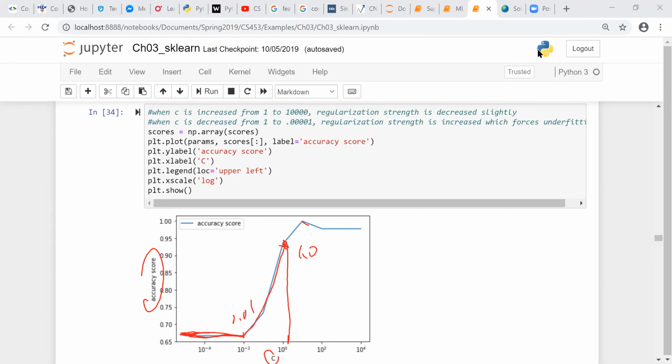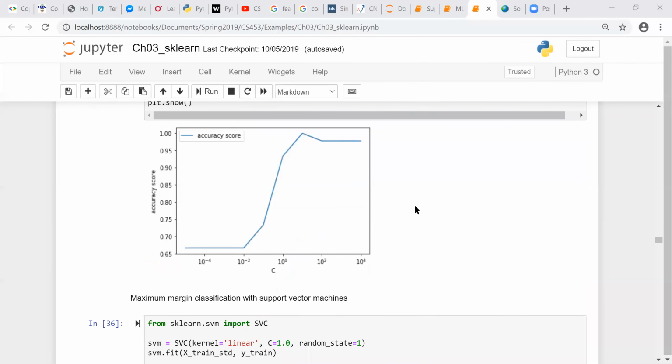After it reaches a certain point, if you keep increasing C, the accuracy also decreases a little bit. Just like it says here, after the satisfied accuracy, the regularization strength decreased slightly, but in this range the regularization increased. So that just reflects the relationship.